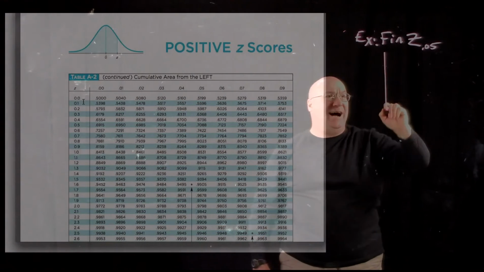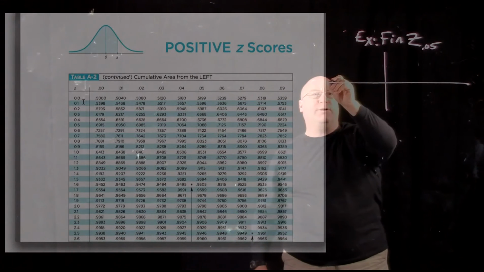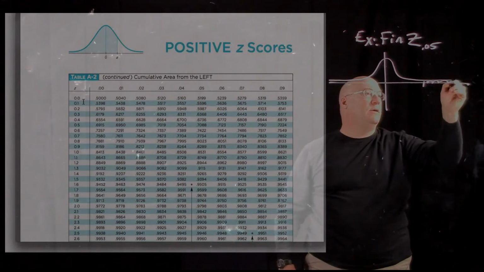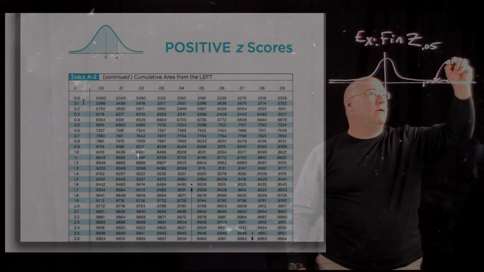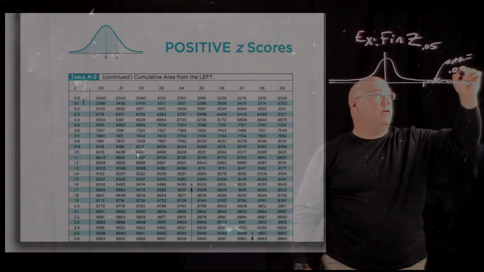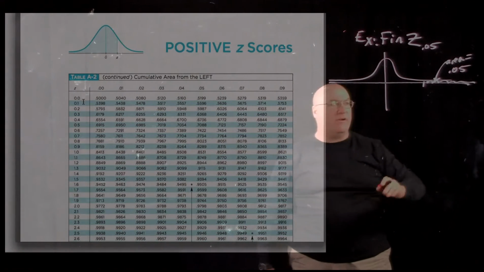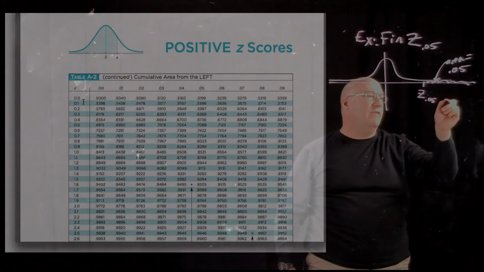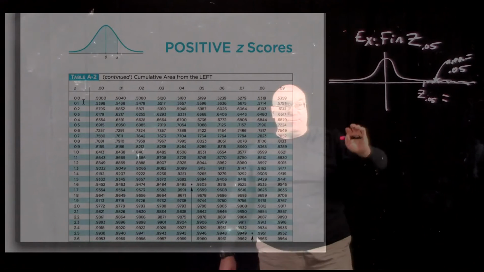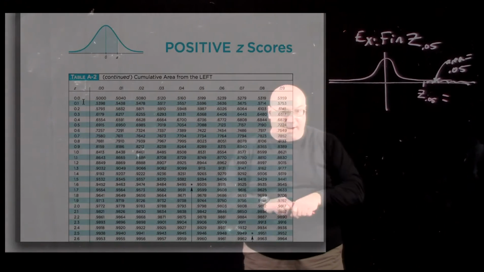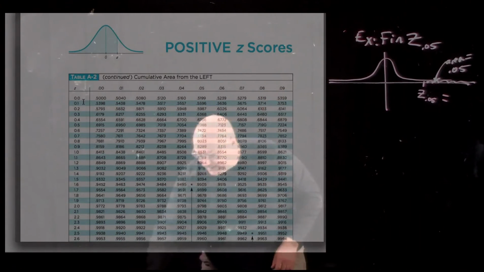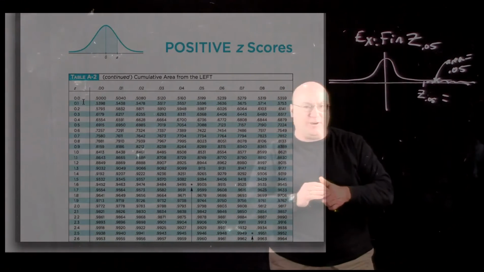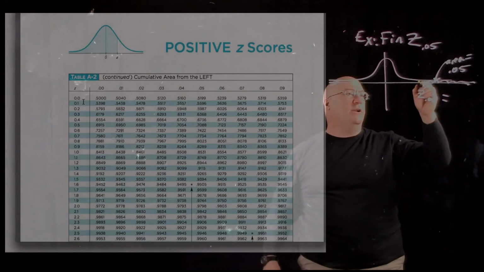What do I want? I want the critical value that has 5% of the area to its right. This critical value we're calling z.05. And what is that critical value? The symbol for it is that, but we can figure it out, right? How am I going to get it? I'm looking for a certain area to the right. I need to figure out the area to the left in order to use my chart.